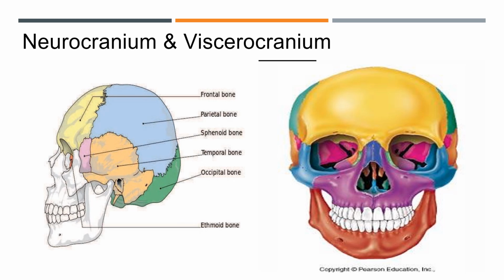Some of these bones are single, such as the vomer, which is here, and it forms the nasal septum, and others are paired, like the maxilla, which is here, and the maxilla forms the upper jaw and supports the upper teeth. Okay, so in summary, this is the viscerocranium, and this is the neurocranium.